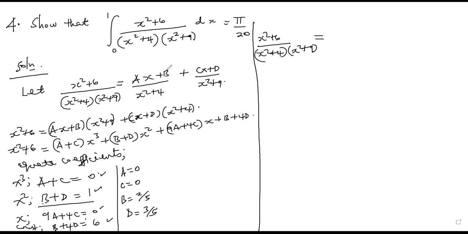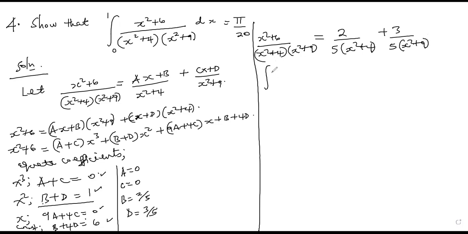A is 0, so we have b, which is 2 over 5, so it is 2 out of 5 into x squared plus 4. Right, then plus cx, c is 0, so we have plus d, which is 3 over 5 into x squared plus 9.